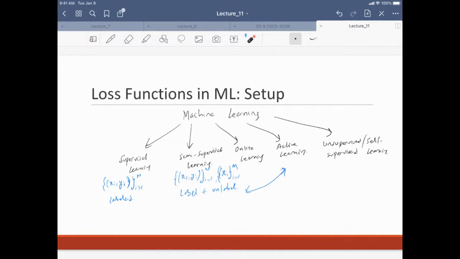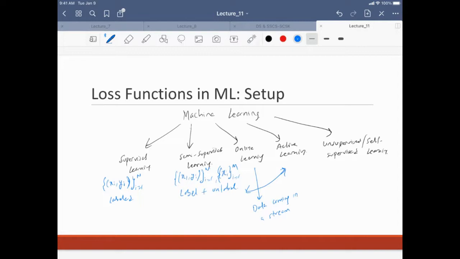Online learning is a continuous learning scenario where you have data coming in a stream. It's also called continuous learning these days. There is a new avatar of online learning which is gaining a lot of significance in machine learning in the last one or two years, which is continual learning.